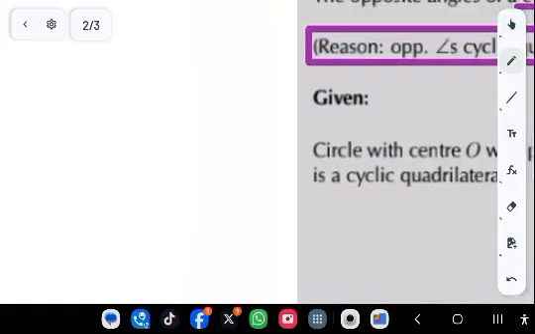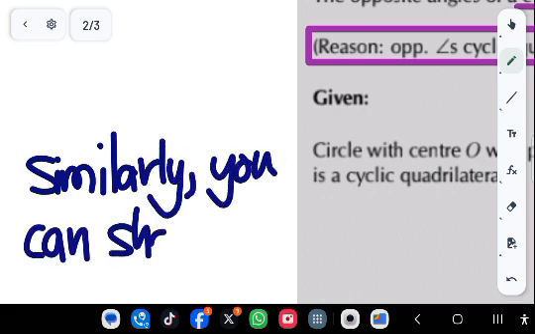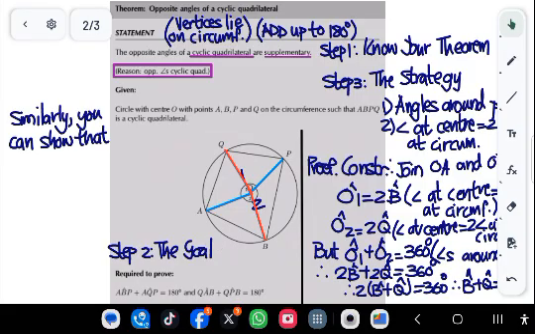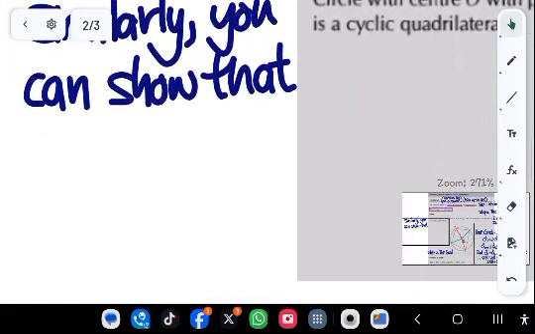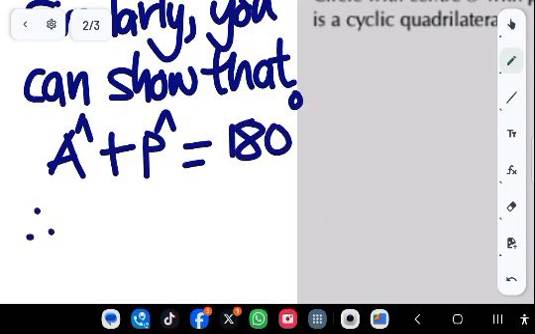So let's just write that: similarly, you can show that angle A plus angle P is equal to 180 degrees.